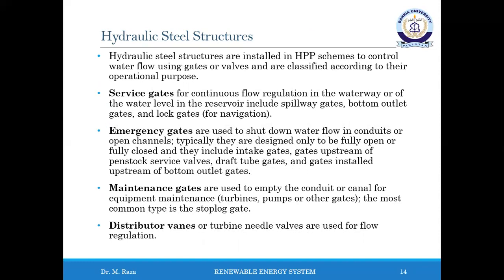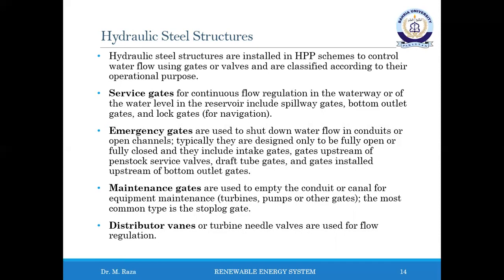Typically, they are designed only to be fully open or fully closed, and they include intake gates, gates upstream of penstock service valves, draft tube gates, and the gates installed upstream of bottom outlet gates.